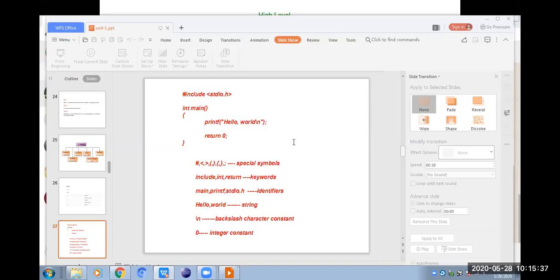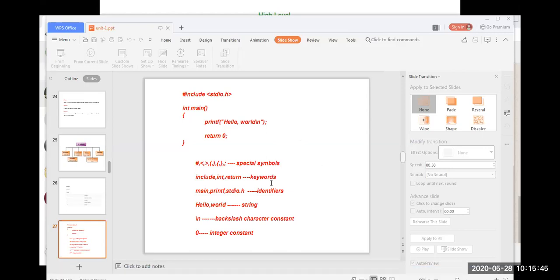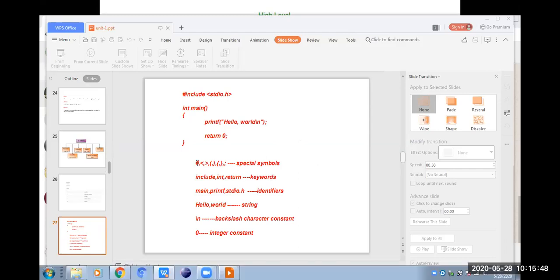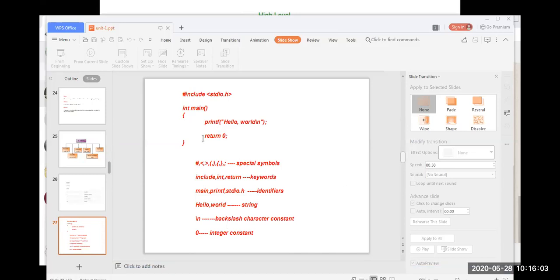Now, if you observe, I have made them into categories. I divided the program into parts. See, hash, less than, greater than, open brace, open parenthesis, semicolon: all these come under the category of special symbols. I divided this total program into tokens, and these are the tokens available in this program.